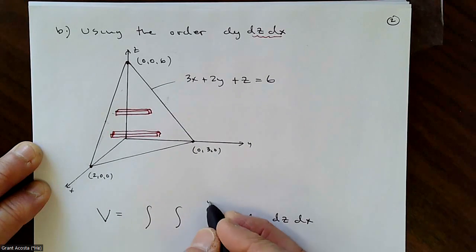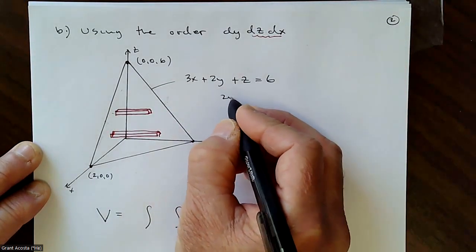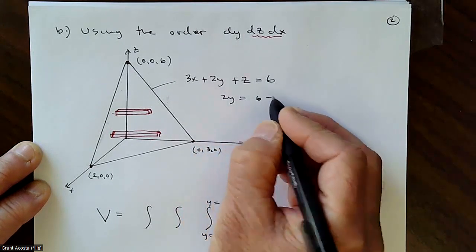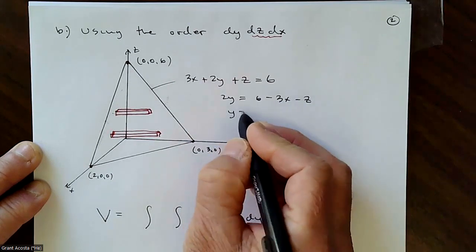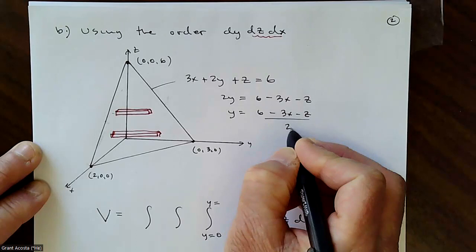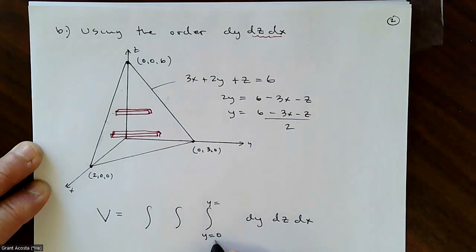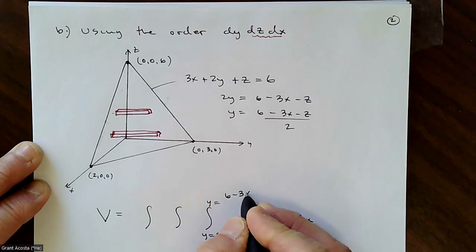But since I have to write it as y, I'm going to solve this equation for y. So 2y equals 6 minus 3x minus z, and then I'll divide by 2. y is going to go from 0 to (6 minus 3x minus z) over 2.